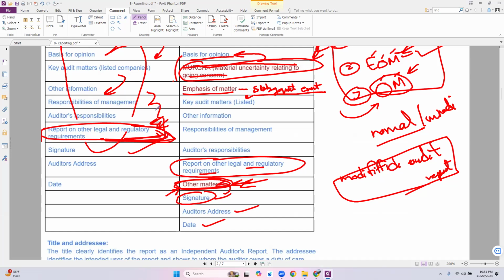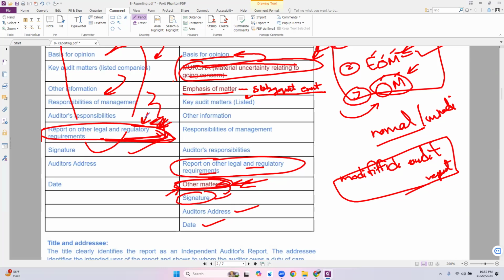A legal lawsuit obviously would not be included within this paragraph, because this paragraph is for something where the auditor has to provide a report on something that was a requirement of the government. So obviously that would also not be included here. If there is a legal lawsuit ongoing and the company has properly disclosed it, it is properly recorded as well, then you will use an EOM paragraph because the condition is that it is related to the financial statements.